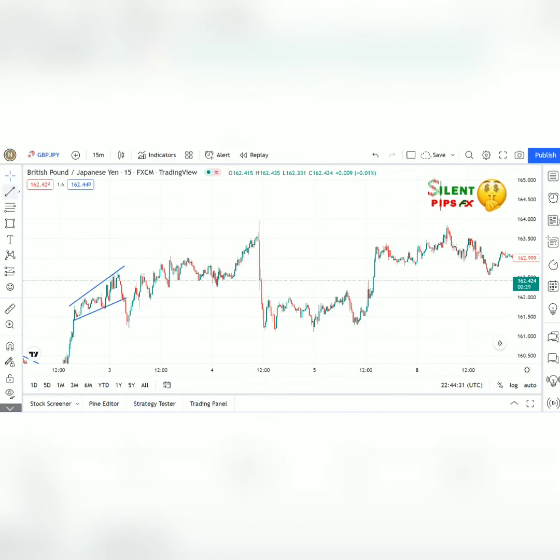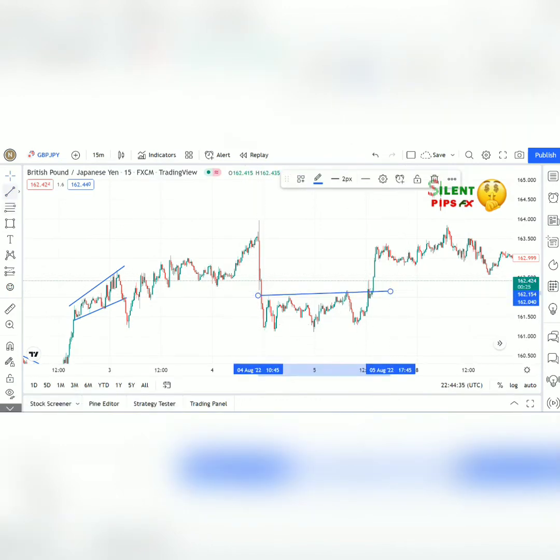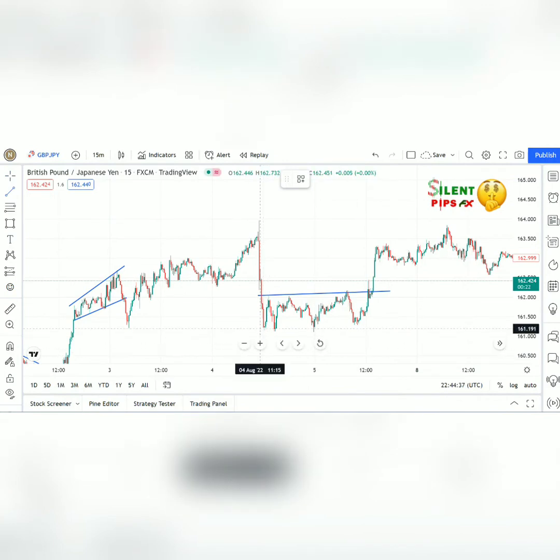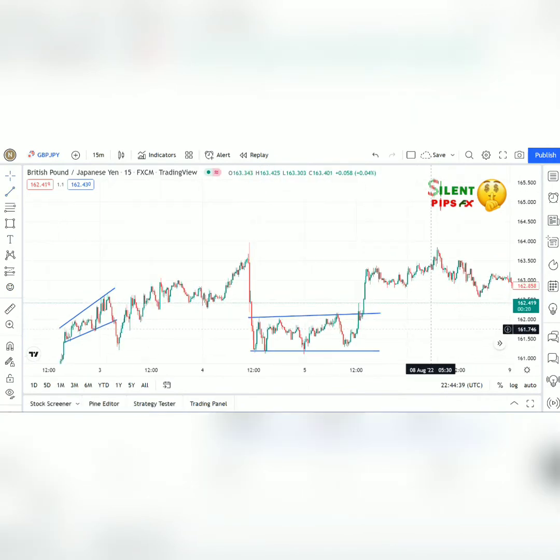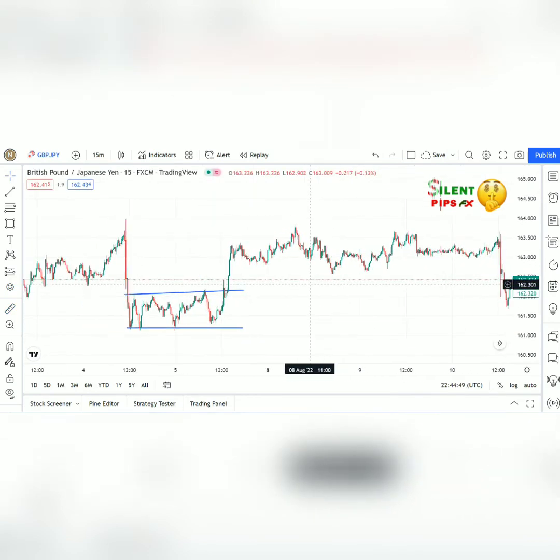Let's drop a few and let's end for today. You just have this, and you have this, broke to the upside, and let's see how many pips we got from here to here. We got over 90 pips again. So you see we're having an average of 90 pips.